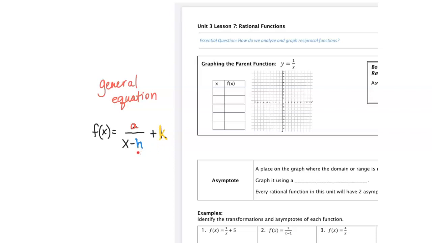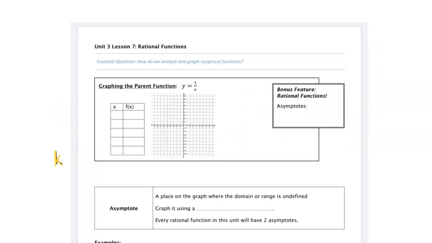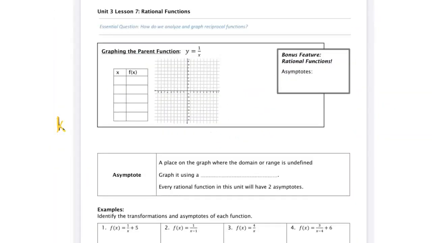However, with the h and the k, when we're thinking about that left, right, or up, down shift, we're thinking about something called an asymptote. And we're going to talk about what an asymptote actually is very shortly. So an asymptote is a place on the graph where the domain or range is undefined.